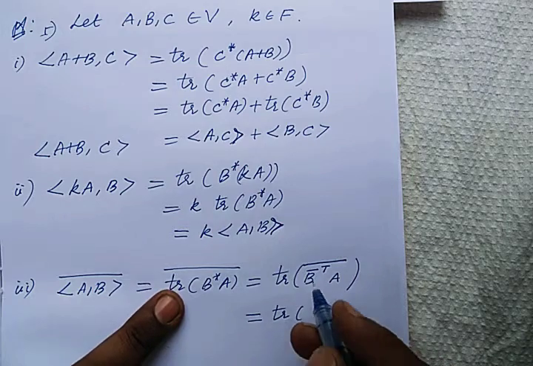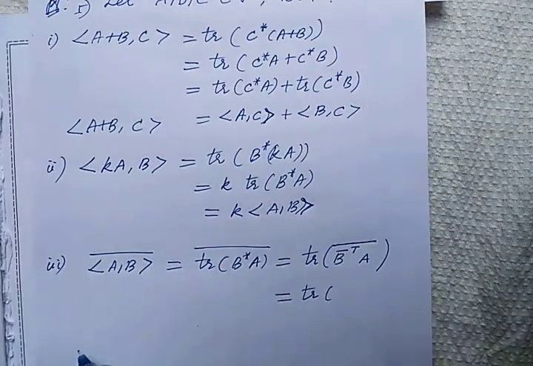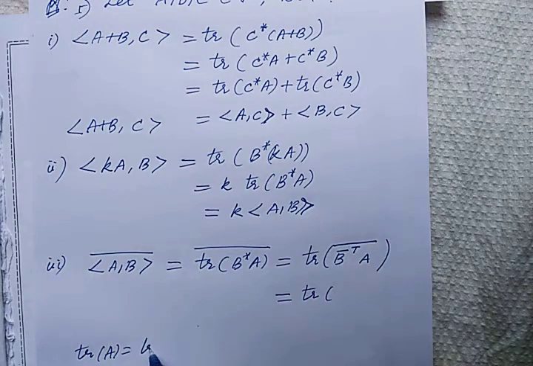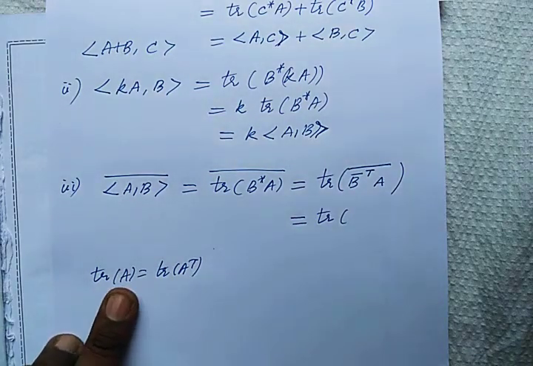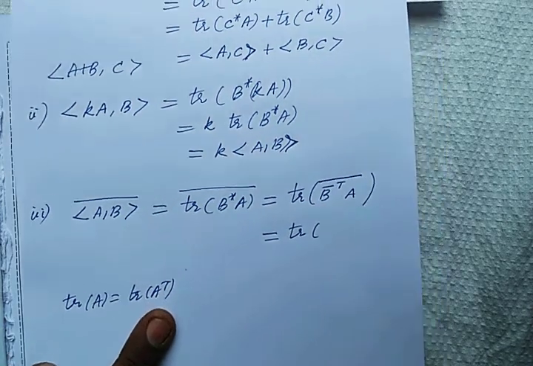Before that, just note the point. We know that trace of a matrix A as well as trace of A transpose are both the same, because the main diagonal won't change if you take the transpose.